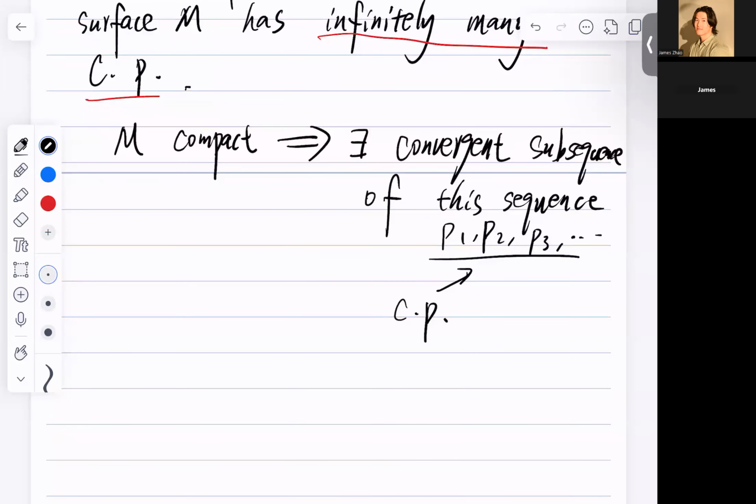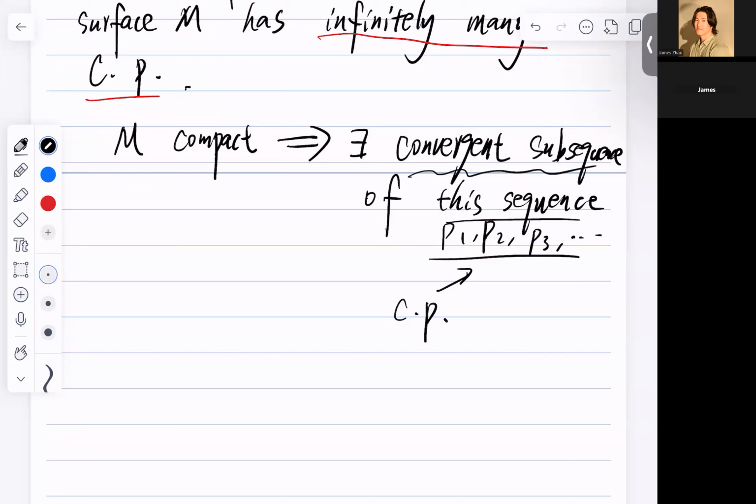So what is a convergent subsequence and what is a sequence? A sequence can be any arbitrary collection of points. This is a hand-wavy definition, but any number of points that goes to infinity, which is our infinitely many critical points.